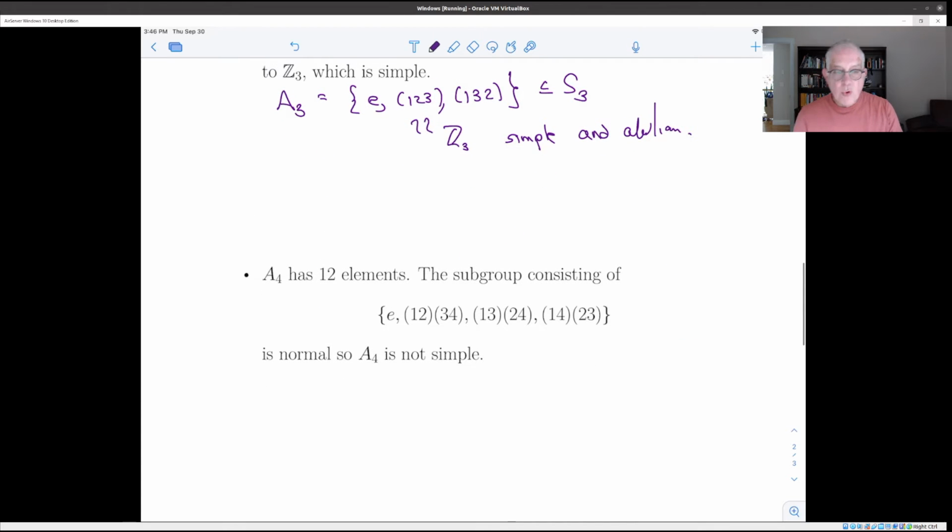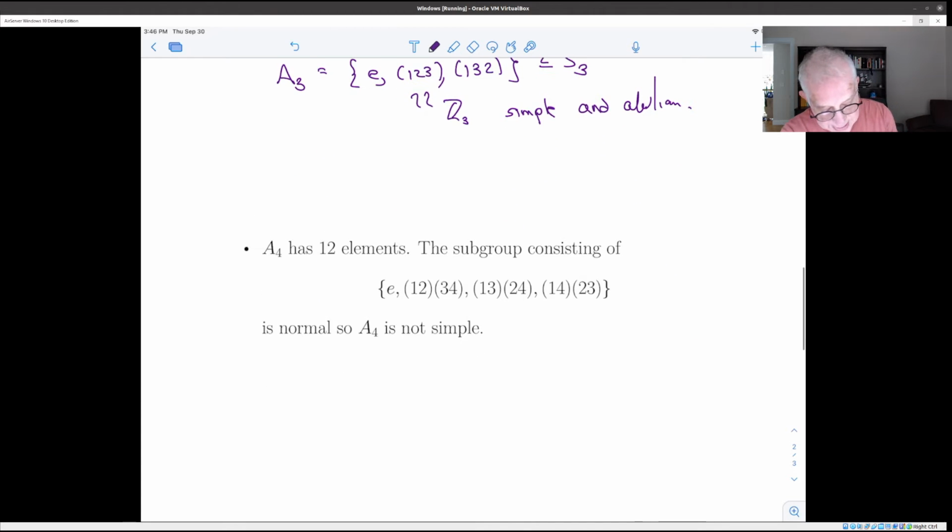What about A4? Well, A4 contains the subgroup consisting of the products of 2 transpositions. This set is closed. If you multiply any 2 of these, you get the third. And so this is a subgroup of A4. How do you know that it's a normal subgroup of A4?